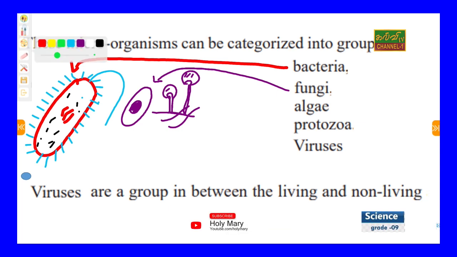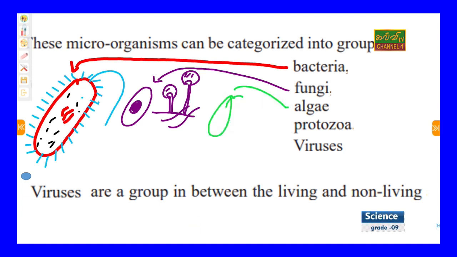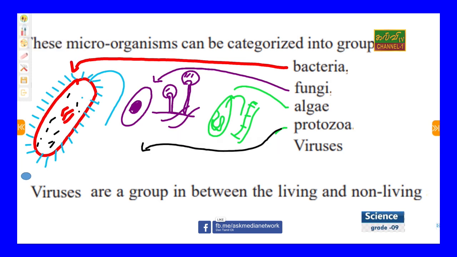Alga: most algae contain green color, for example Chlamydomonas, Spirogyra. Mostly algae can do photosynthesis. Some protozoans we will also study later, protozoans like Plasmodium, amoeba, those kinds.